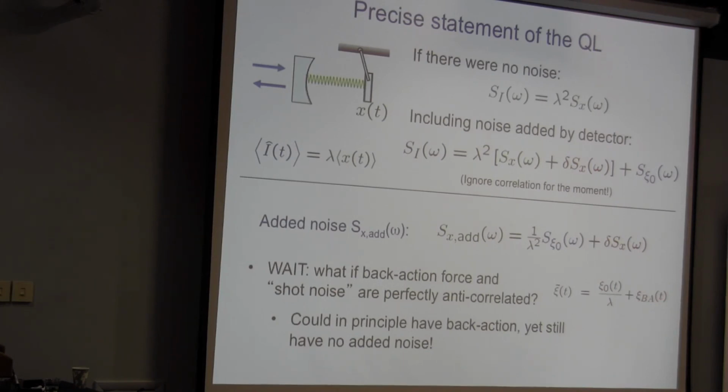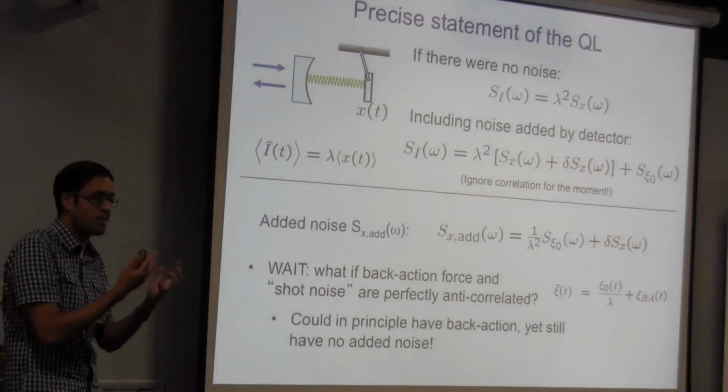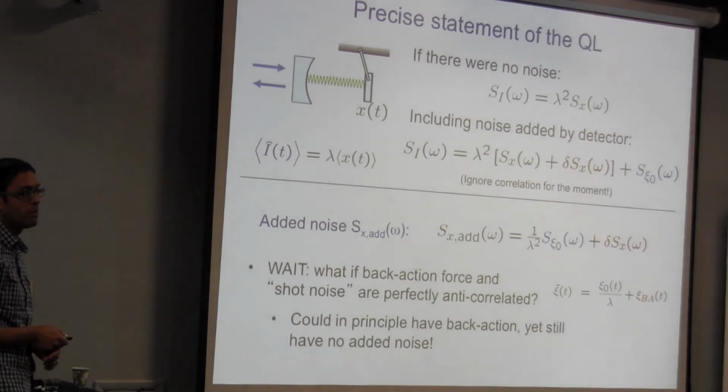Knowing that you need to have back action is actually not enough to tell you that this added noise has to be non-zero. There's an additional ingredient that tells you that, even if you worry about correlations, they're never going to completely cancel out. You're always going to get something that is non-zero and that at best is equal to the zero-point motion.